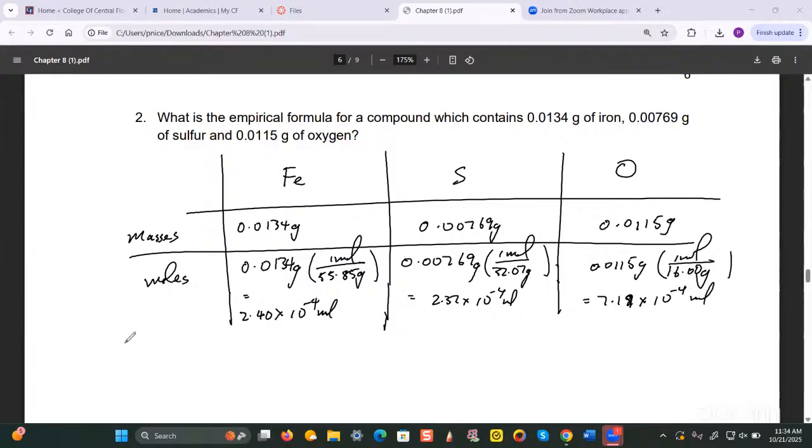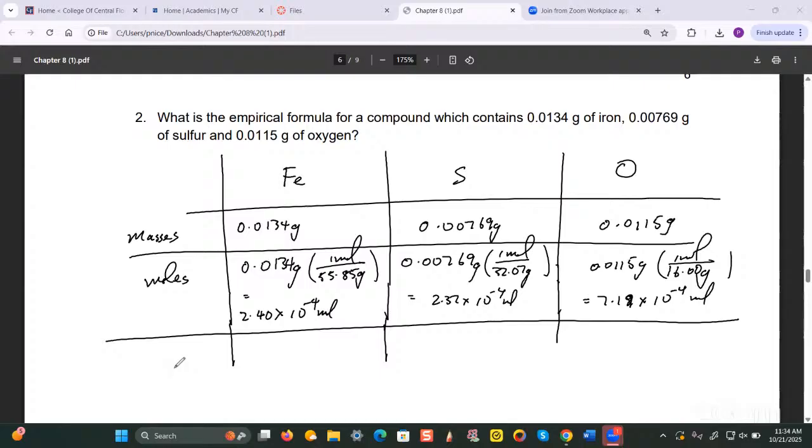All right. Okay. So what next? Now that we have the mole values for the different elements, what will be the next step? Divide by the smallest number, which is what? 2.37 times 10 to the minus 4 moles, right? So we divide 2.40 times 10 to the minus 4 moles by 2.37 times 10 to the minus 4 moles.